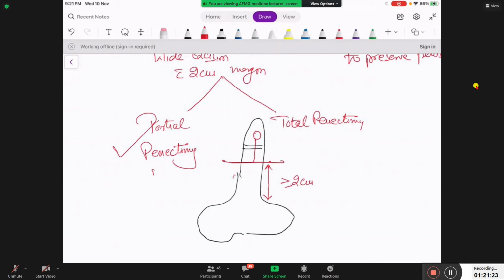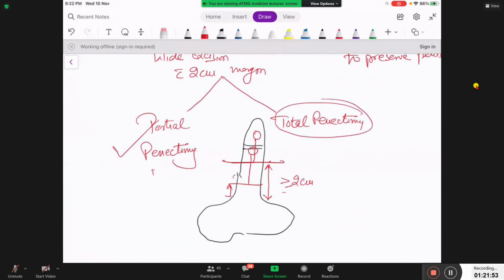But imagine there is a growth here, and after taking 2 centimeter margin, you are having a stump coming like this, which is less than 2 centimeter. So if the stump after wide excision of 2 centimeter margin is less than 2 centimeter, we should rather do a total penectomy.